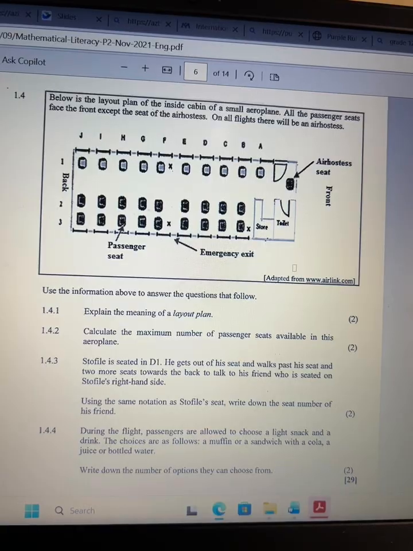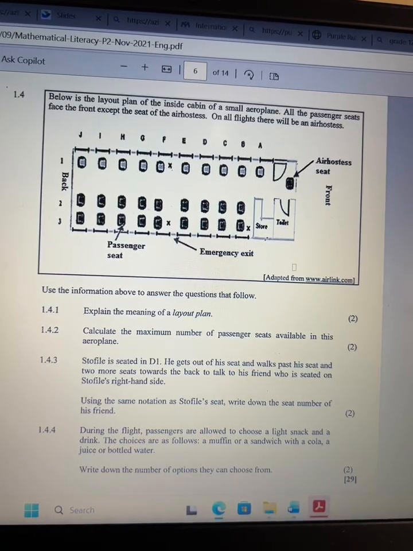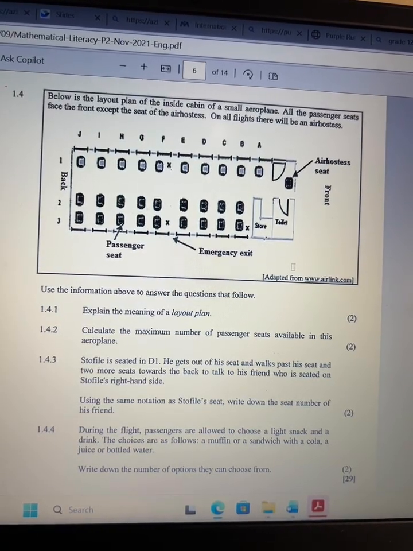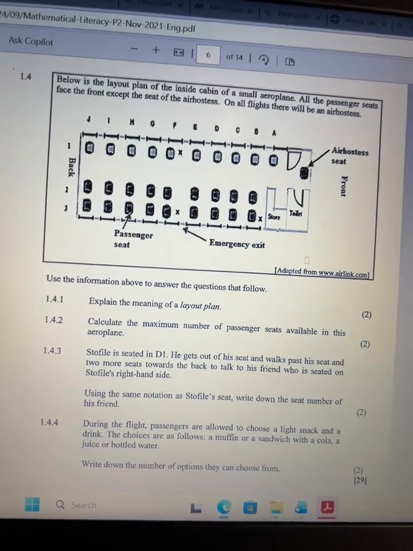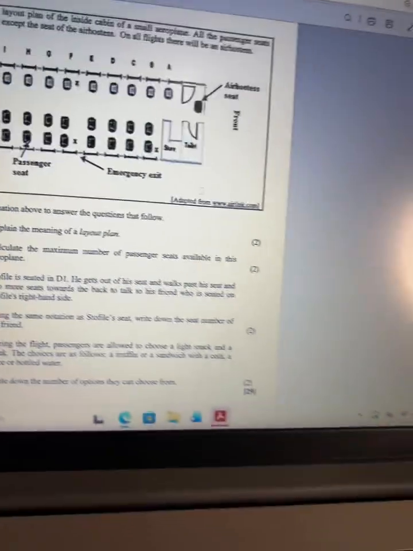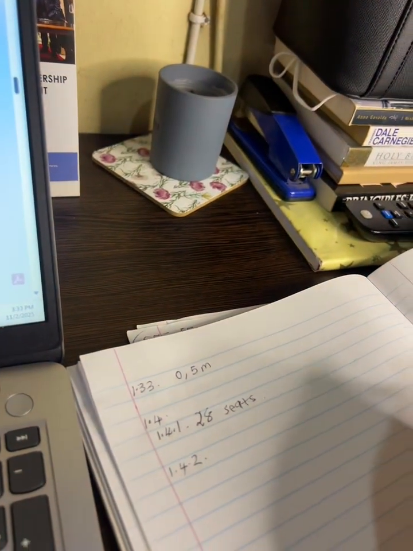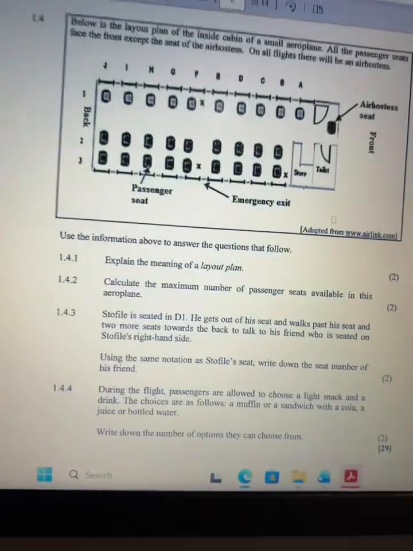We have 1, 2, 3, 4, 5, 6, 7, 8, 9, 10, 11, 12, 13, 14, 15, 16, 17, 18, 19, 20, 21, 22, 23, 24, 25, 26, 27, 28. So it's 28 seats.